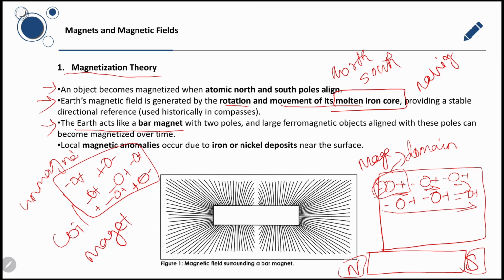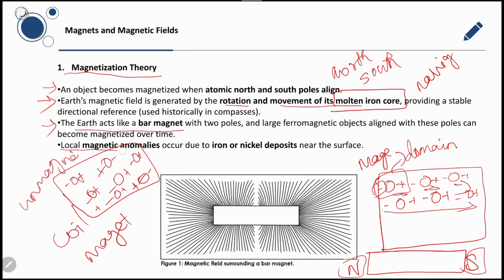A large ferromagnetic object like steel beams or pipeline, if left undisturbed for a long time and aligned with the Earth's field, can slowly become magnetized naturally. This is why sometimes a piece of steel may show weak magnetism even before we apply any test currents.